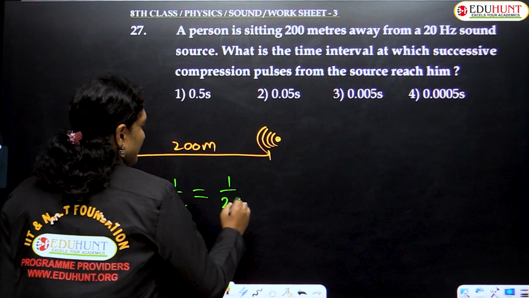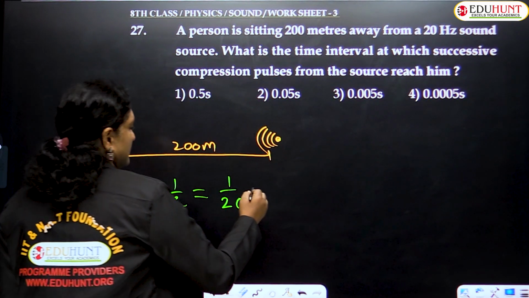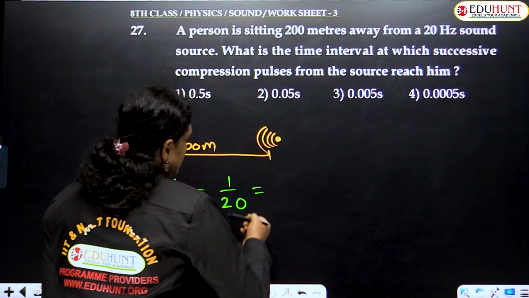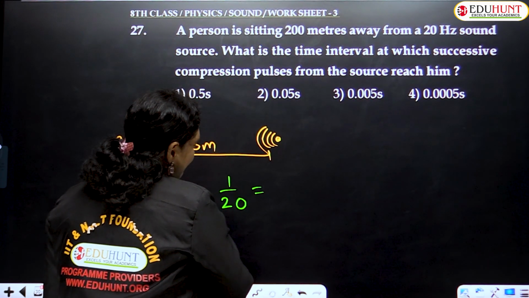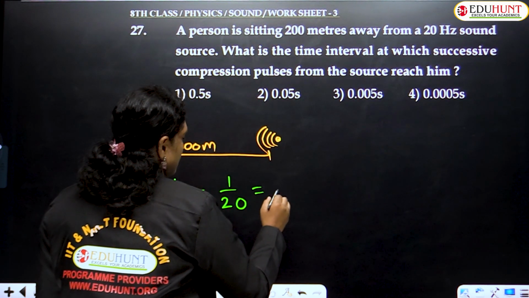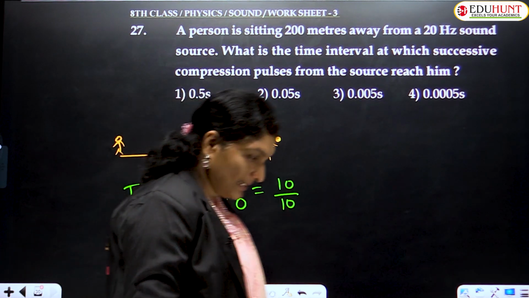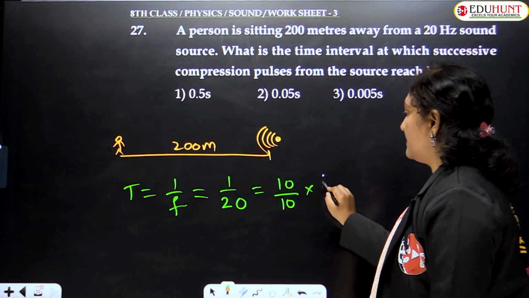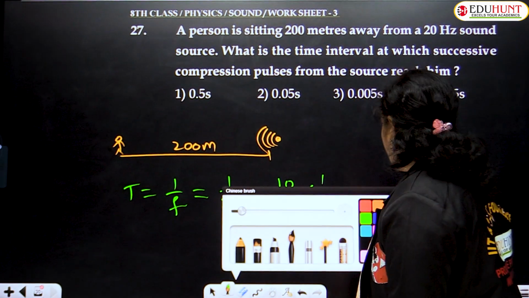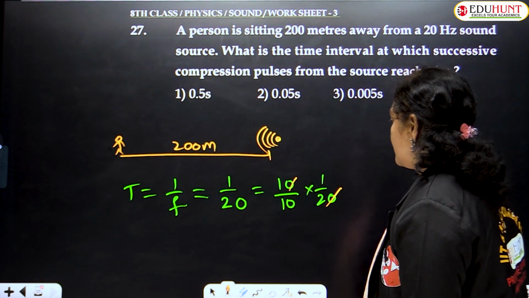So 1 by frequency, 1 by 20, how much is that, children? For your easiness, I'll multiply and divide with 10. So simplifying further, 0 gets cancelled.